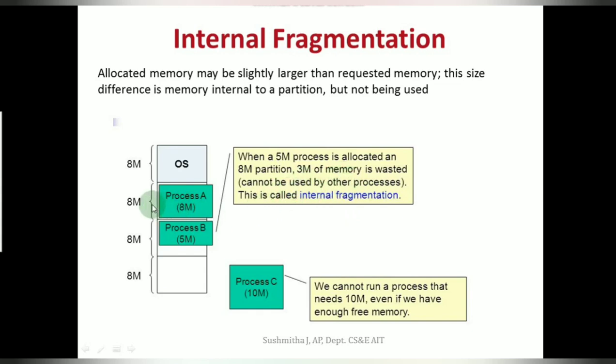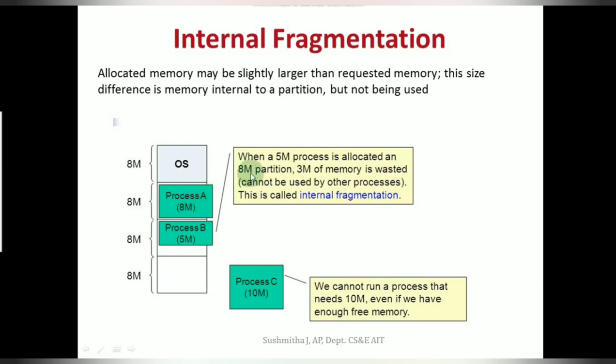Internal fragmentation is usually experienced in fixed or static partitioning. Here everything is a fixed partition, so each block is of size 8 MB. Now I have a process of size 5 MB and I am allocating it here.